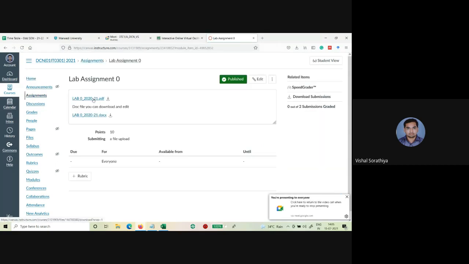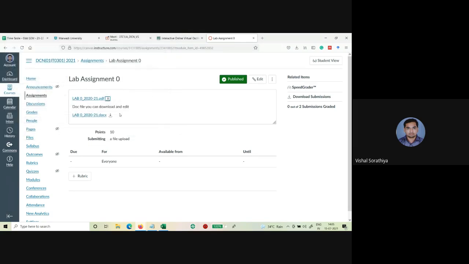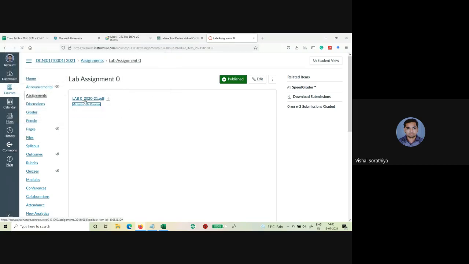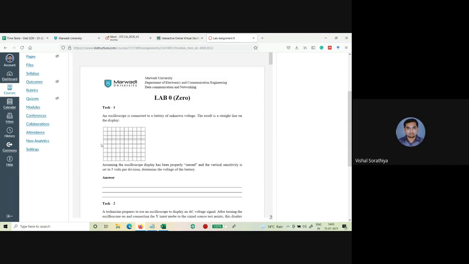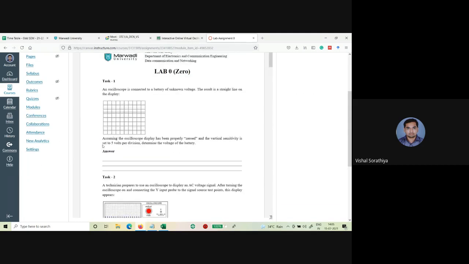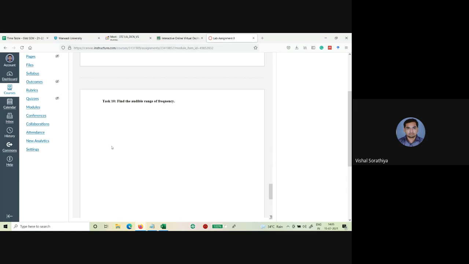Lab assignment 0 is just a brush up of the previous semester, where we saw the CRO and function generator virtually. It is to identify the functionality of the CRO, function generator, and all the stuff. There are different tasks.